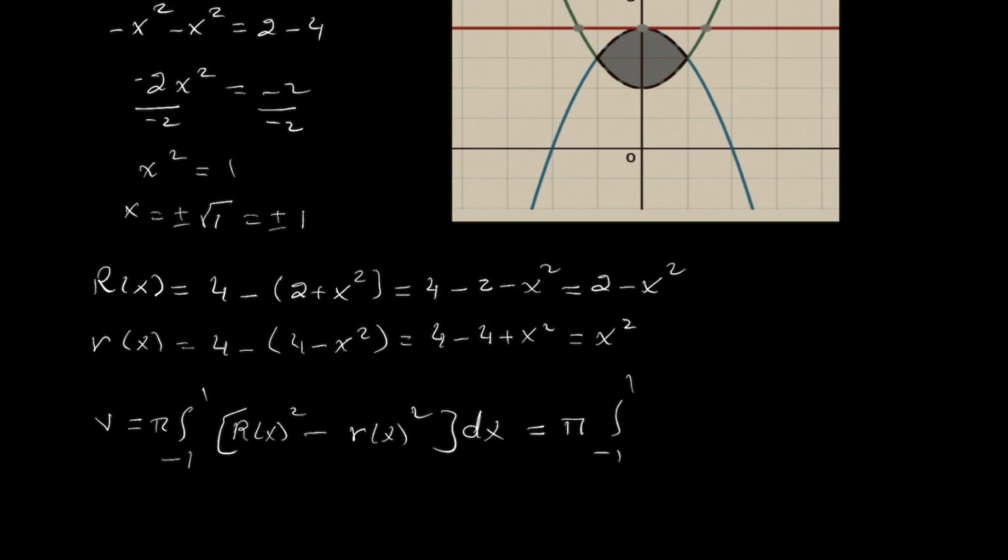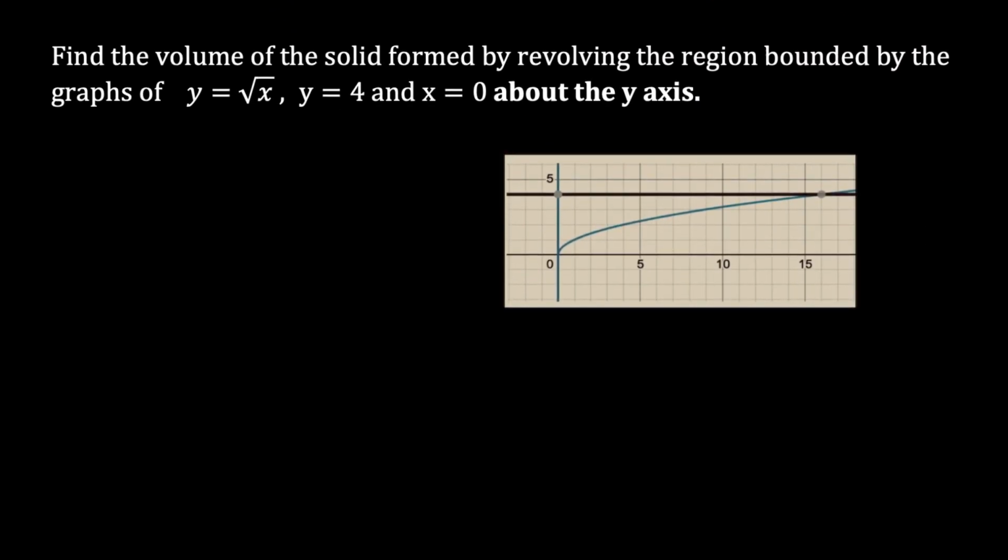Replace the big R, which is 2 minus x squared, all squared, minus the inner one, which is x squared, all squared dx. And then we put it on the calculator and we solve it, and we get it equal to 16 pi over 3, and that would be your final answer.